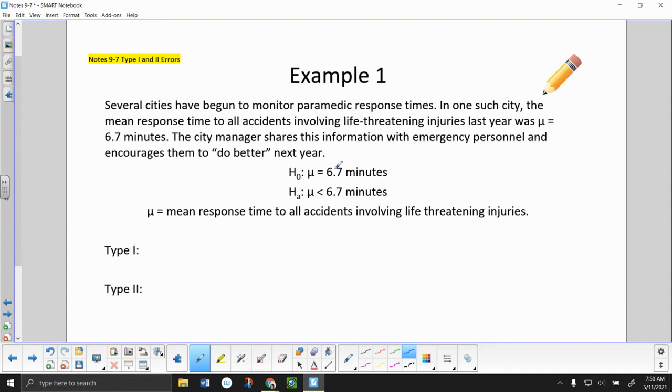Type 1 is when we reject the null, but the null is true. When we reject the null, we conclude the alternative, so we need to write that out. We conclude that the mean response times have decreased.